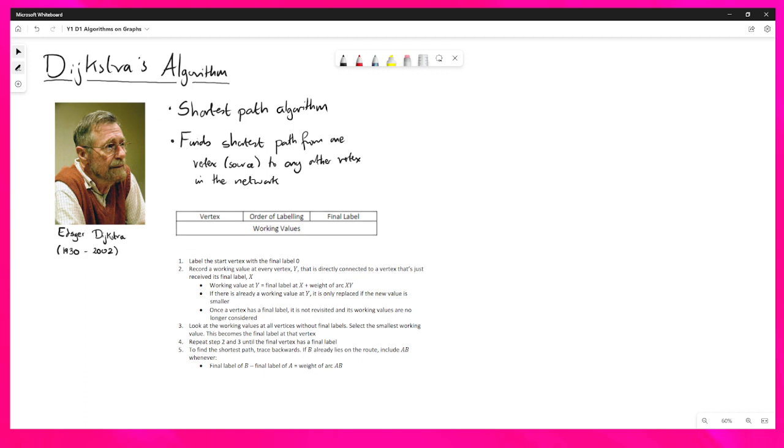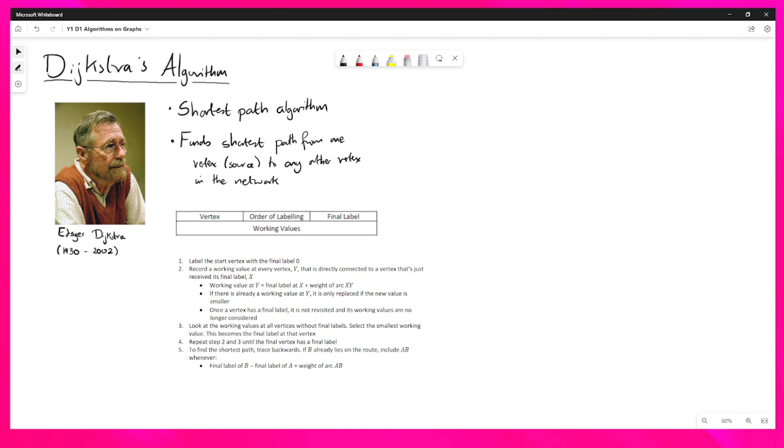If there is already a working value there, we only write the new one down if it is smaller than what's already there. If it's larger than or equal to a number that's already in the working values table, you do not write it down. You can write it down and cross it out, but it's better to just not write it down at all.